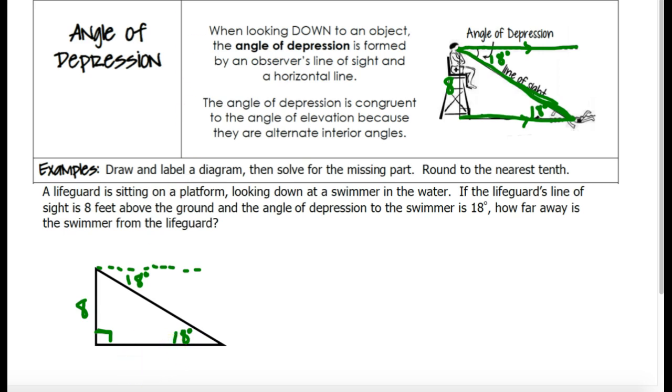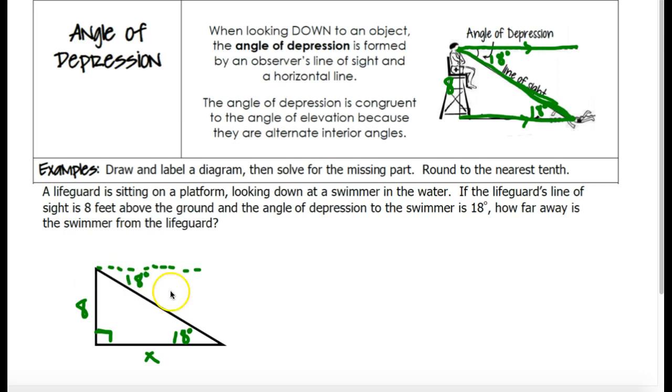Here's the swimmer, here's the lifeguard over here, so we want to find this length. The way that this question is worded, you might think that we would be looking for this, if the lifeguard's here and the swimmer's here, but people can't fly, right?